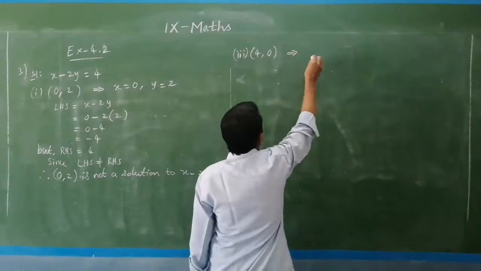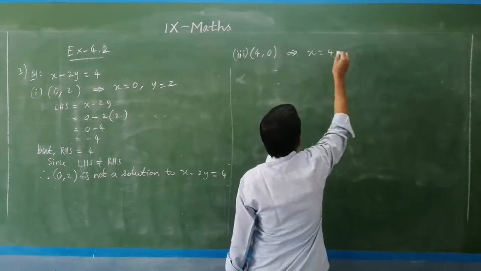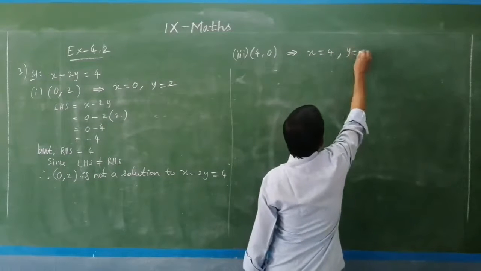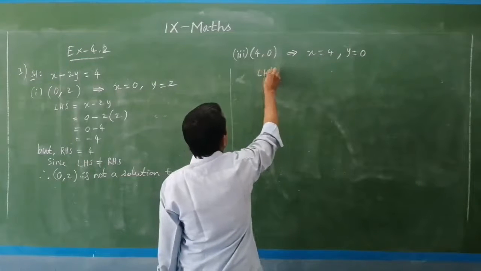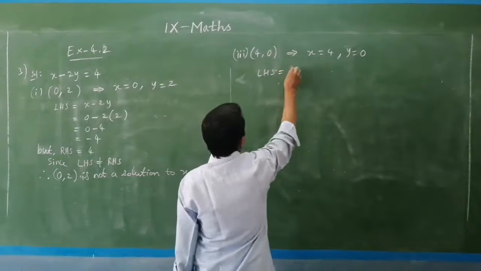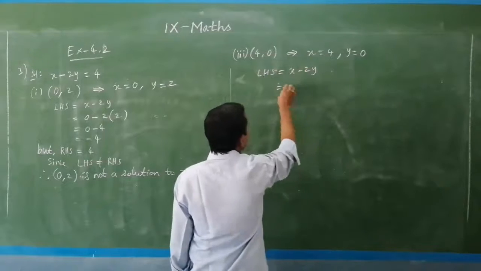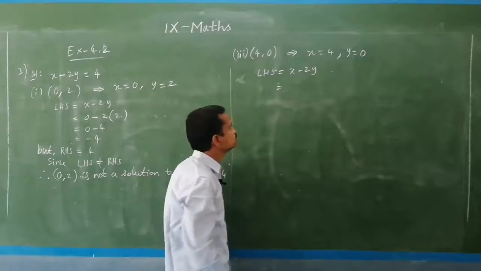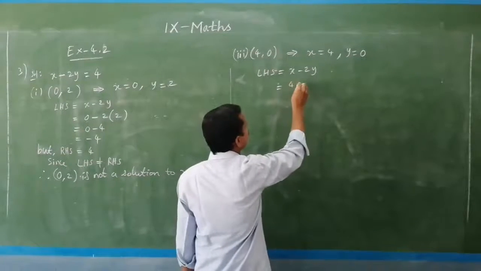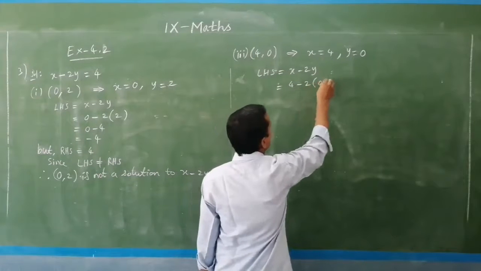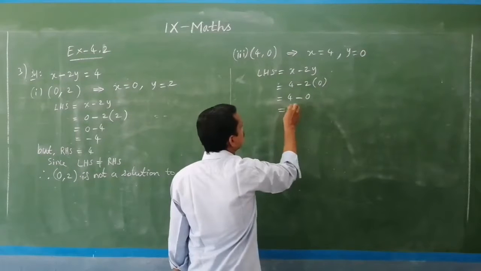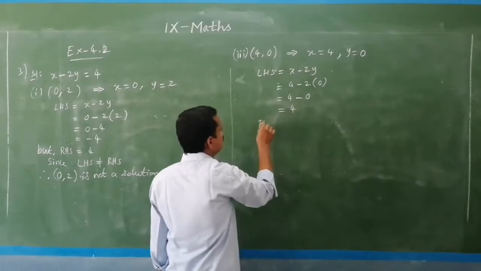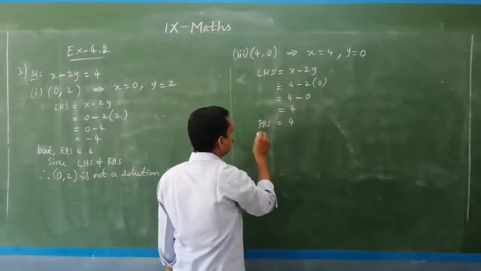Here we can take x equal to 4, y equal to 0, and for the LHS you have to take x minus 2y, and you substitute the value of x and y in this equation, and you see what happens. x is 4 and y is 0, which is nothing but 4 minus 0, that is 4. So, RHS is also 4.